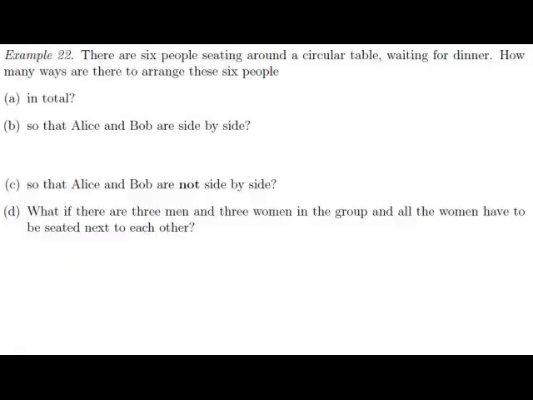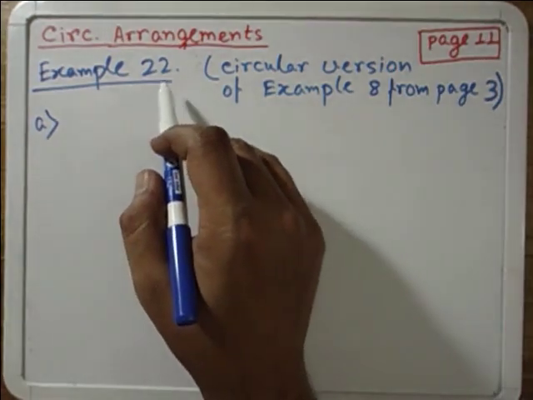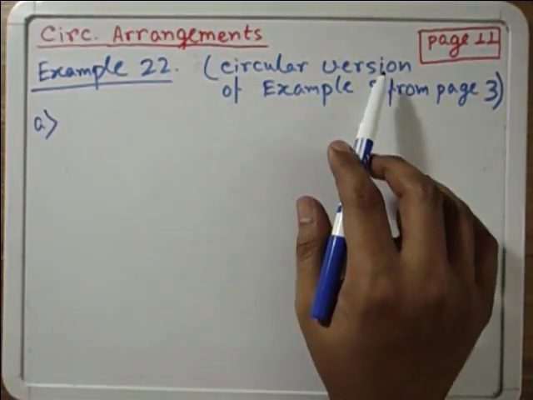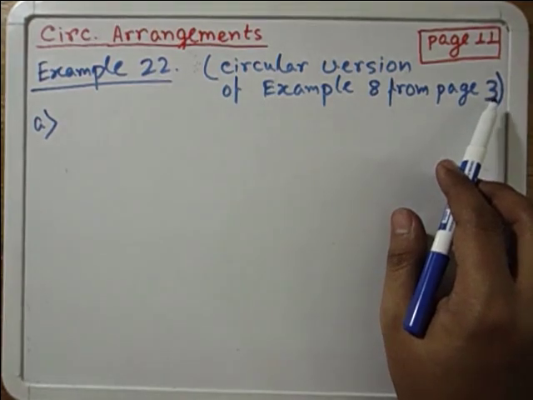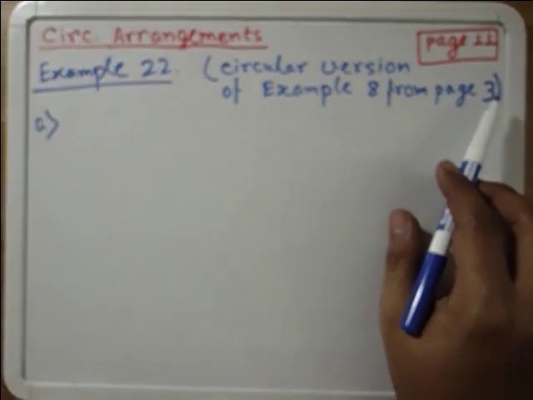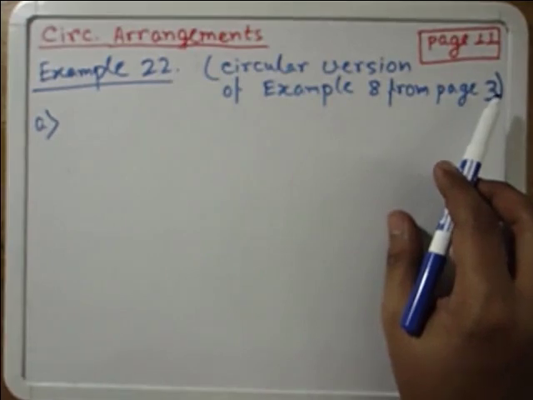Next is example 22. There are 6 people sitting around a circular table waiting for dinner. How many ways are there to arrange these 6 people in total? This example is actually a circular version of example 8 from page 3. It's the same problem, but instead of linear arrangements, it's circular arrangements.